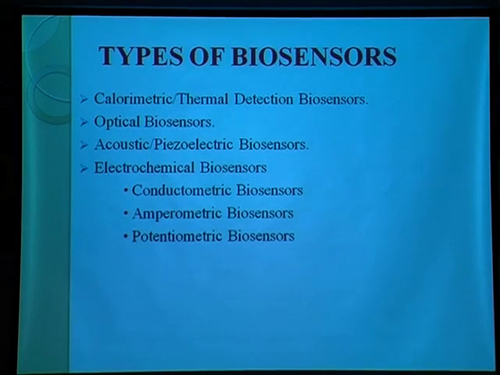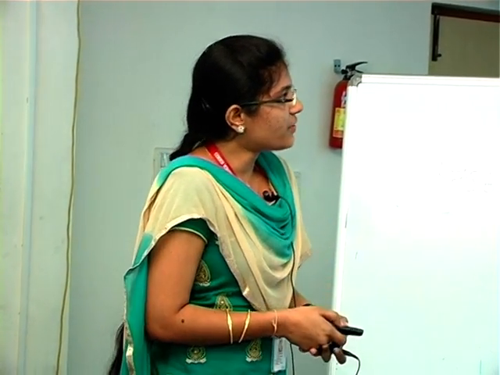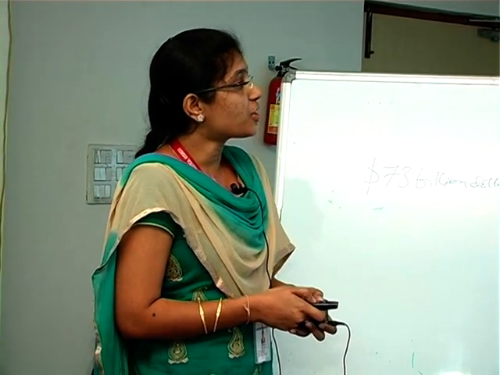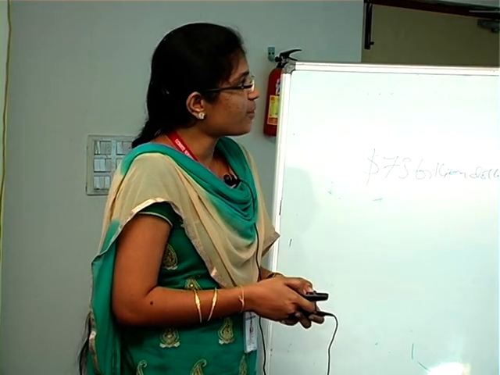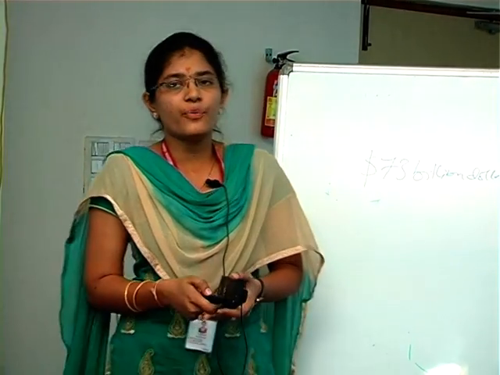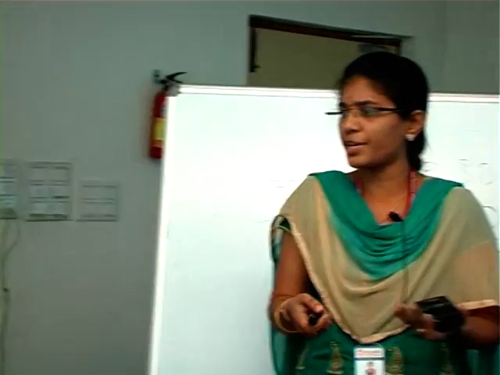The next, what are the types of biosensors? Based on the transducers, the signaling devices, these biosensors are divided into several types, like calorimetric biosensors, optical biosensors, acoustic biosensors, and electrochemical biosensors. Coming to the calorimetric biosensors, whenever a biochemical reaction occurs, it leads to the production of heat.